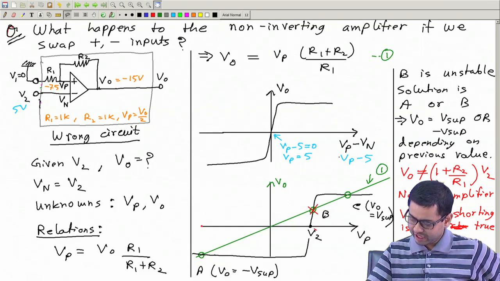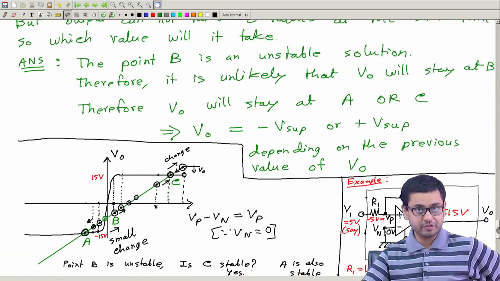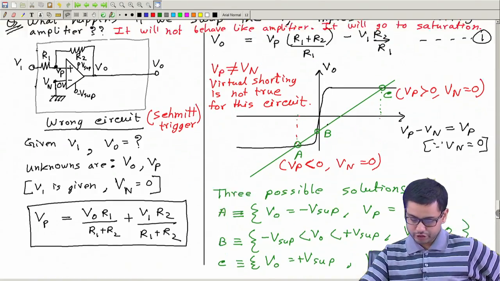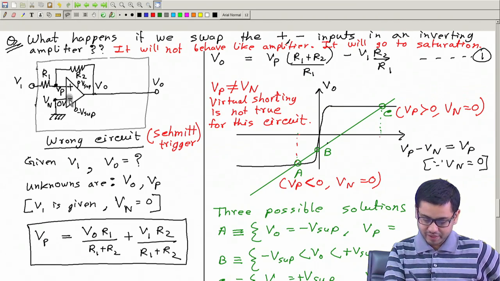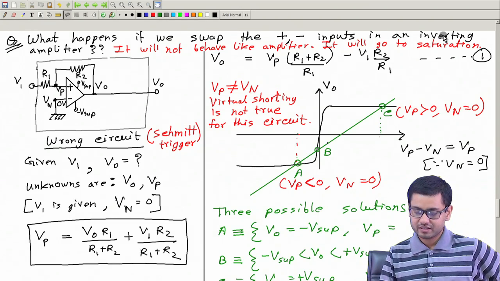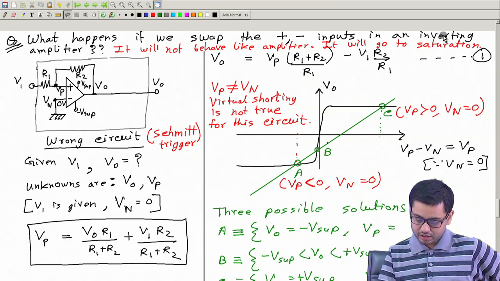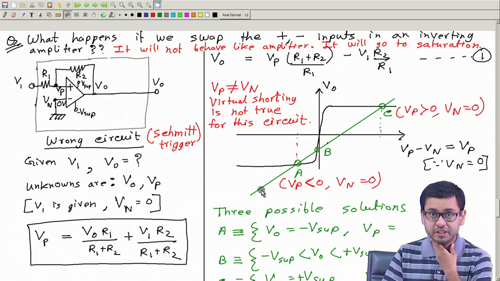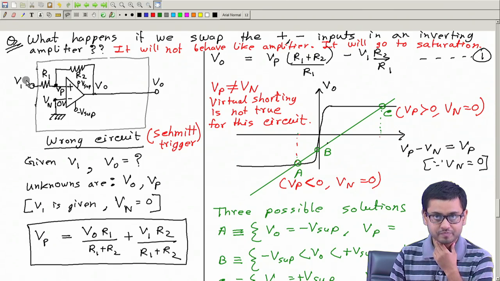Similarly, let me go a bit back to the previous class, where we were talking about what happens if we change the plus minus sign, the inverting amplifier. Now you can ask in this diagram how the solution will change if I change the input V1.